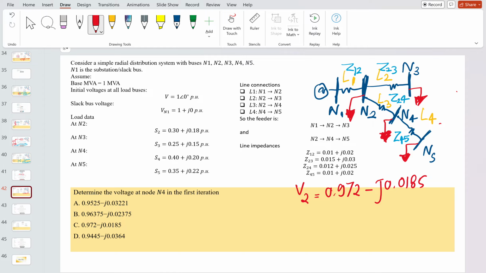Okay, option A, we got. Let's wait for a few more minutes. Let others also solve.